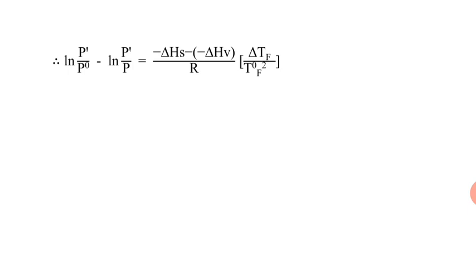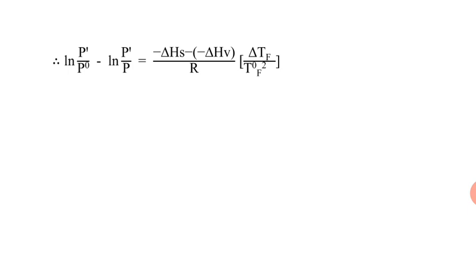Remember student, here first we have to subtract the left hand side from the left hand side, then subtract the right hand side from the right hand side. So we get a new equation. Now see, numerator is the same.